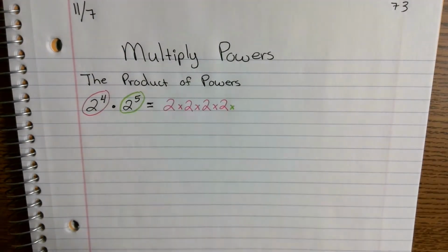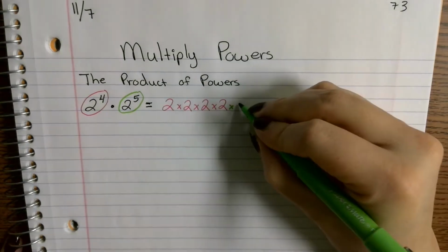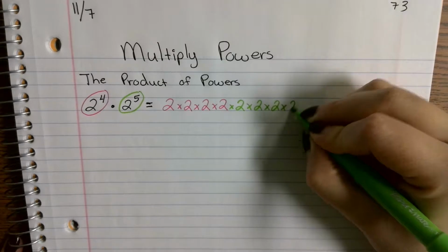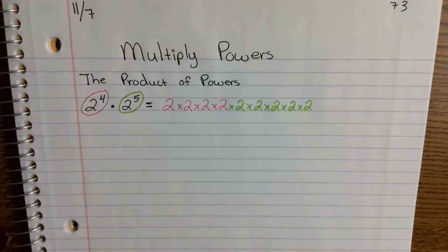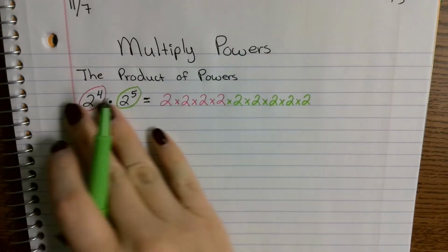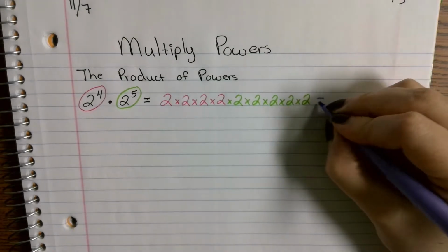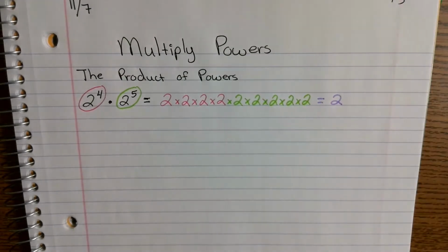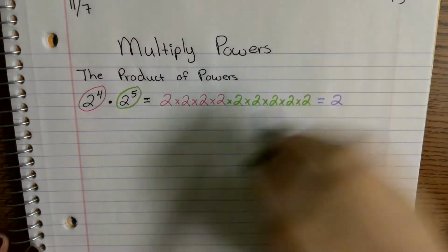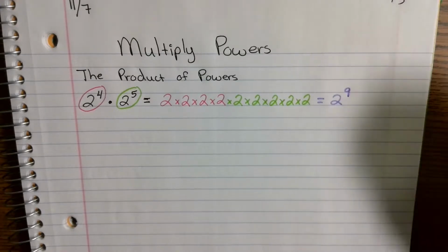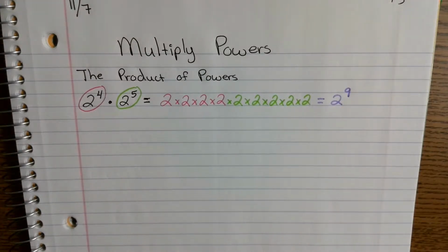Well, 2 to the 5th in its expanded form would just be 2 times 2 times 2 times 2 times 2. So we have this whole long list of multiplications of 2's. They're all 2's. They're all the same base. How many 2's do I have? 9, right? I've got 9 multiplications of 2. So this is really the same thing as saying 2 to the 9th power.